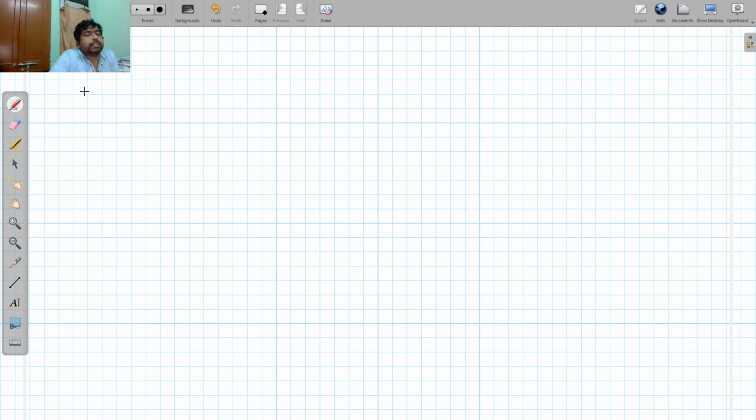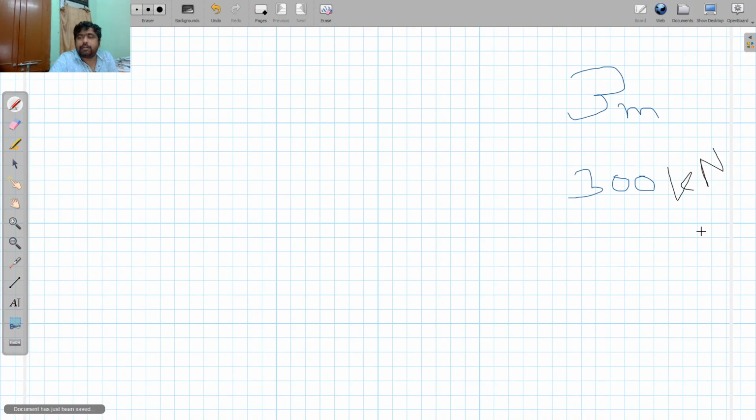Suppose you are asked to design a column member whose length is 3 meter, and it's carrying a load of, say, 300 kilonewton. Sorry, not 3000, that is very high. At this stage we will go for a smaller value.